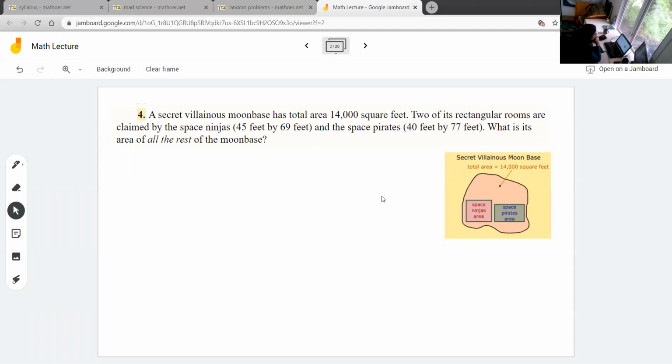So, Secret Villainous Moonbase has a total area of 14,000 square feet. 2 of its many rectangular rooms are claimed by the Space Ninjas and the Space Pirates, and you get the size of those rooms. What is the area of everything else? So in my picture, then we're looking for all this area here, right?